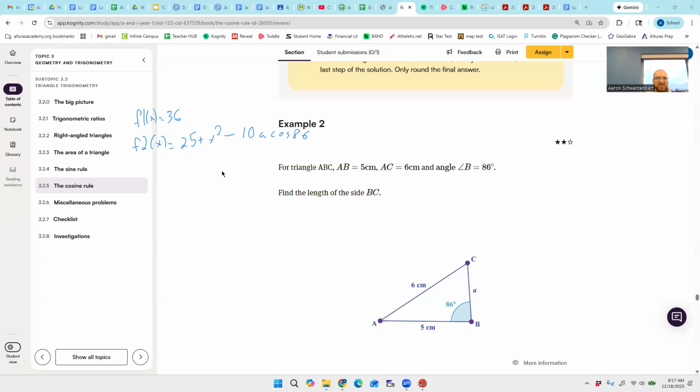I would do sine 86 over 6 equals sine a over 5.